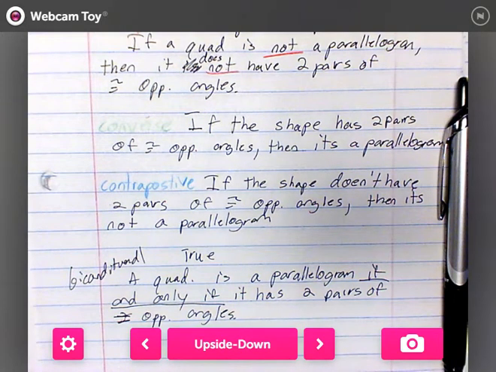Okay, the next thing we're going to write down is an example of inductive and deductive reasoning, so you guys are prepared for the quiz.